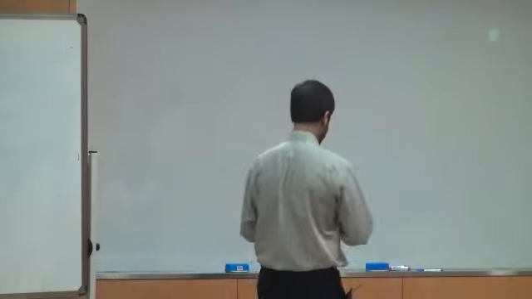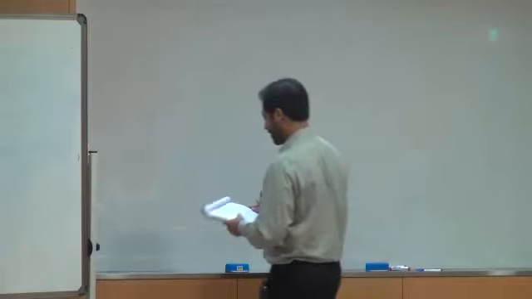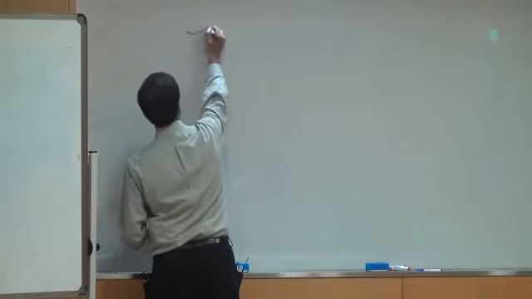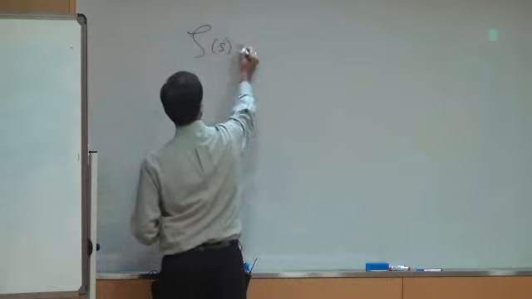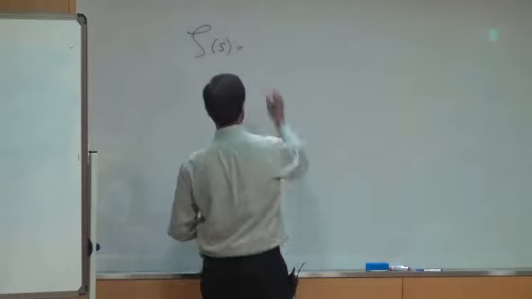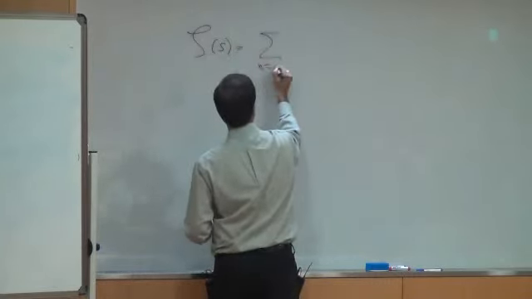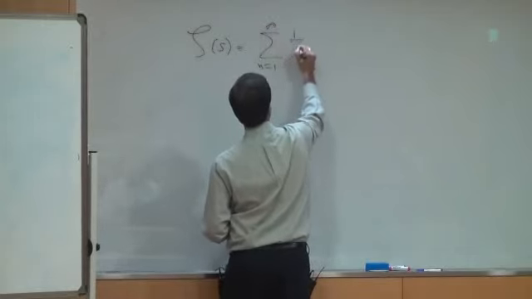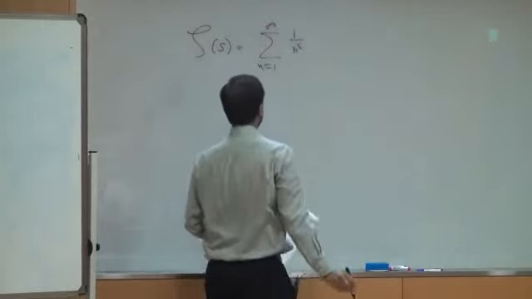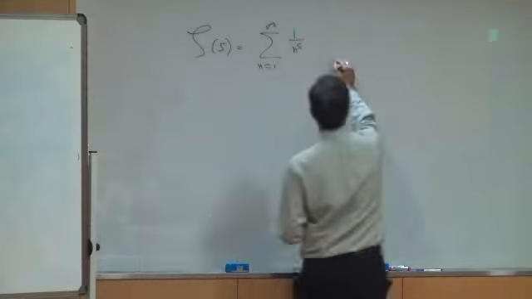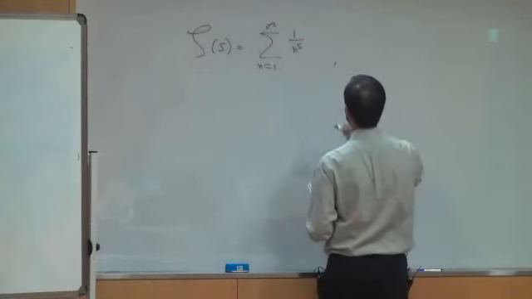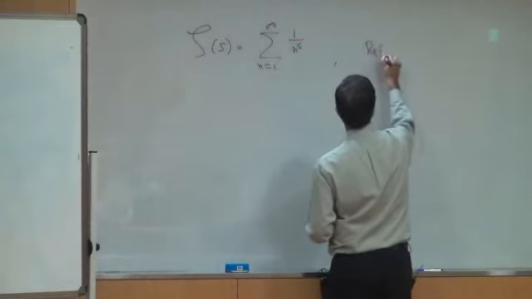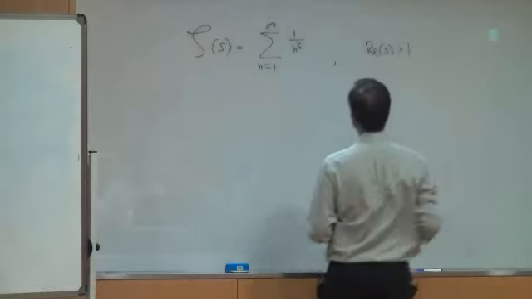So I'm going to start the story today with the first and simplest example of an L function, which is the Riemann zeta function, which is just the sum as n goes from 1 to infinity of 1 over n to the s. This converges for s a real number greater than 1, or more generally a complex number with real part greater than 1.